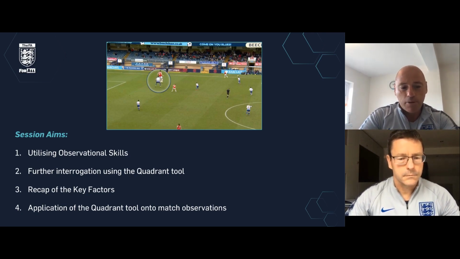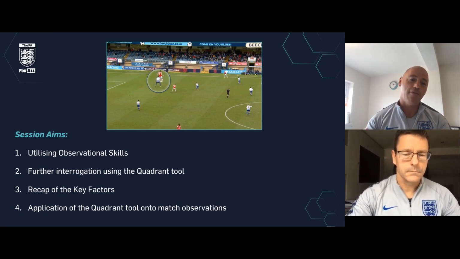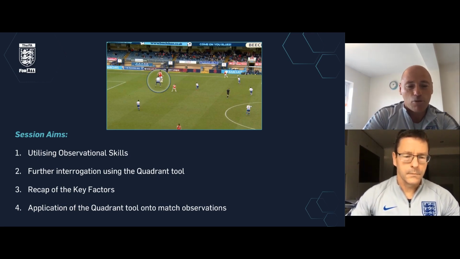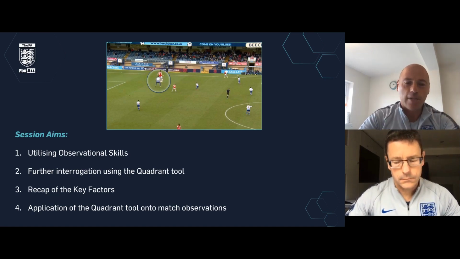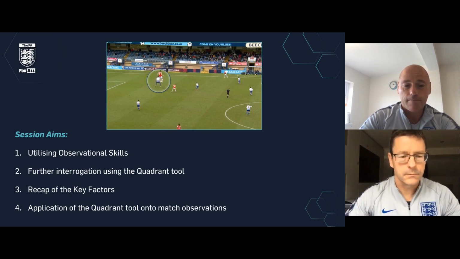We'll recap on those key factors that Paul introduced to you last time, how those key factors are the same for out of possession, and how we apply the quadrant tool again to match observations. And I suppose the hard work you've done following on block one is how you're now starting to analyze and break the game down and look at the specifics around the individual unit and the team. So welcome, Paul. Great to have you on board.